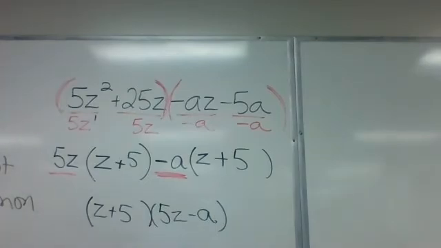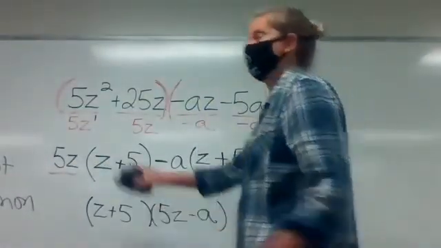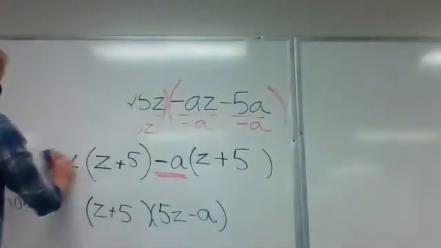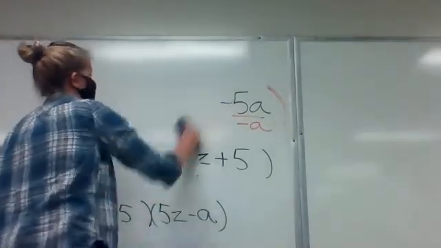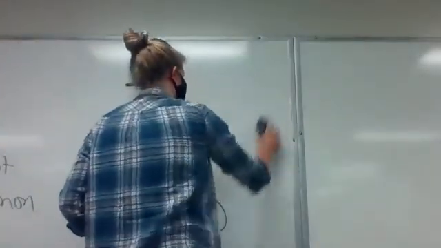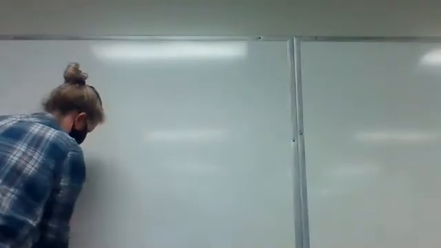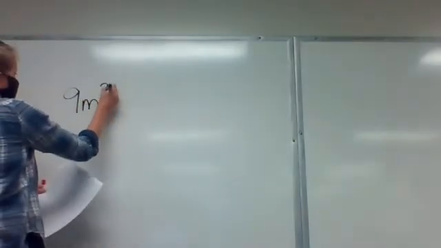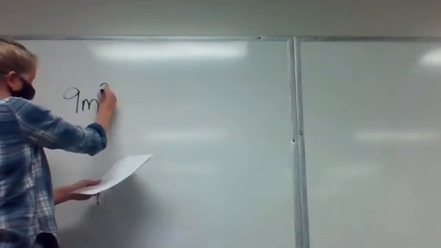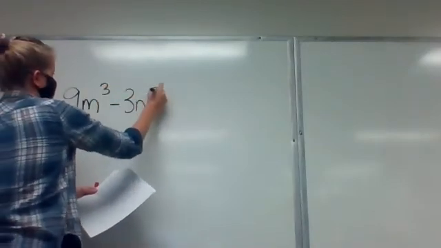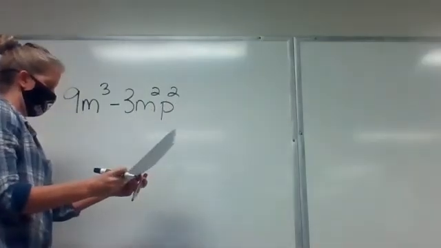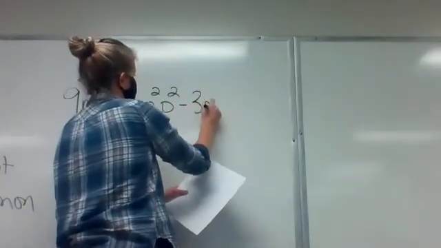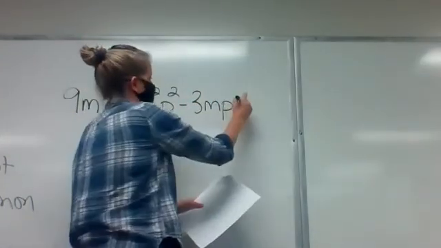All right, last one, number 10. Nine m to the third minus 3m squared p squared minus 3mp plus p cubed.